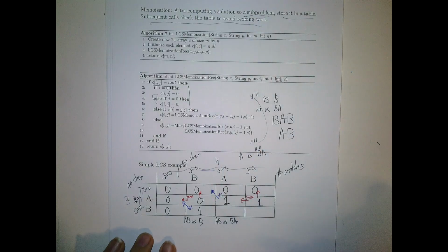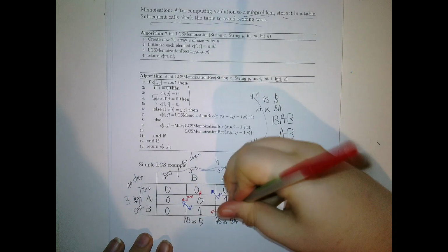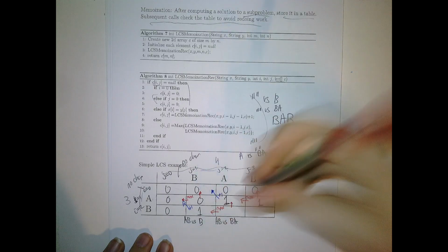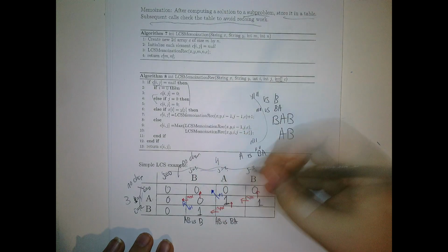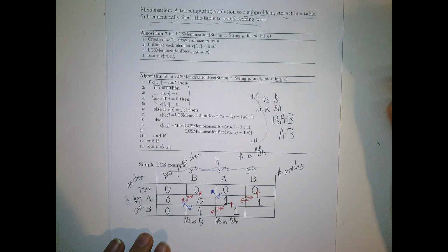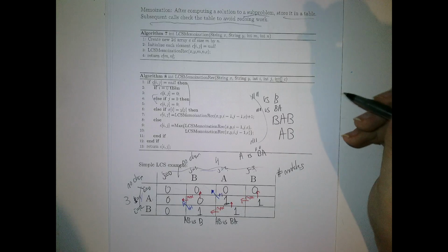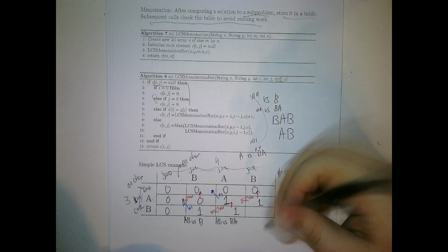Not two matches, right? Because we can't reorder elements. We only get one match. And, well, we'll get the max of our two neighbors, max of top or left. And actually, they're both 1. So this ends up being 1. Okay, easy enough.